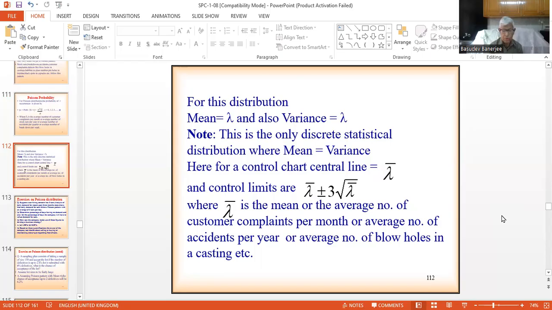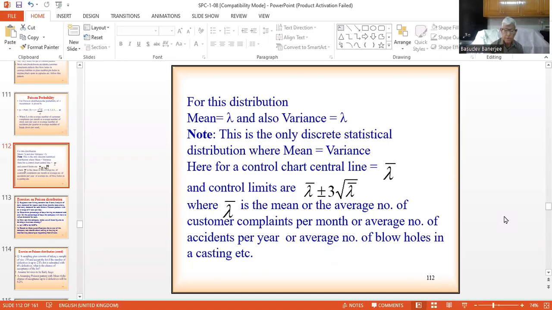For a control chart, the central line will be lambda bar, the overall average. The control limits will be lambda bar plus minus 3 into square root of lambda bar, because it is always 3 times the standard deviation, and lambda is the variance, so its square root is the standard deviation. Lambda bar is the average number of customer complaints per month, accidents per year, or blowholes in a casting.